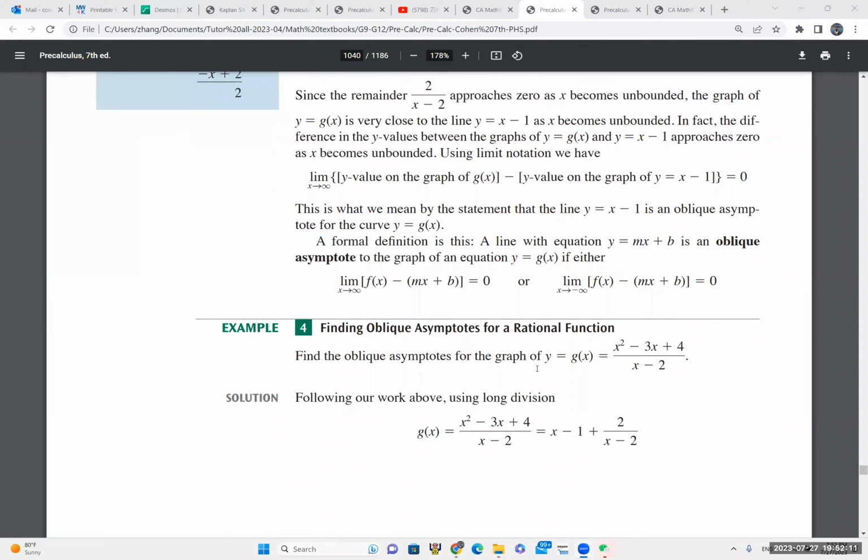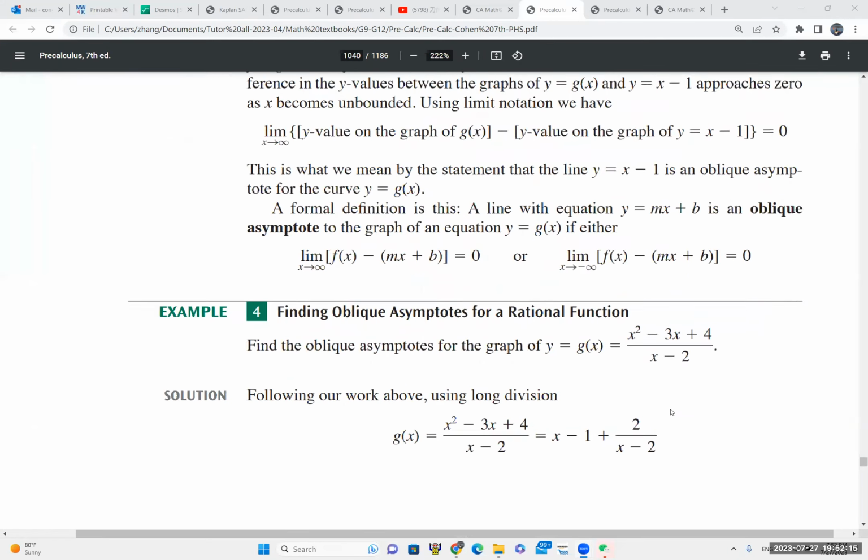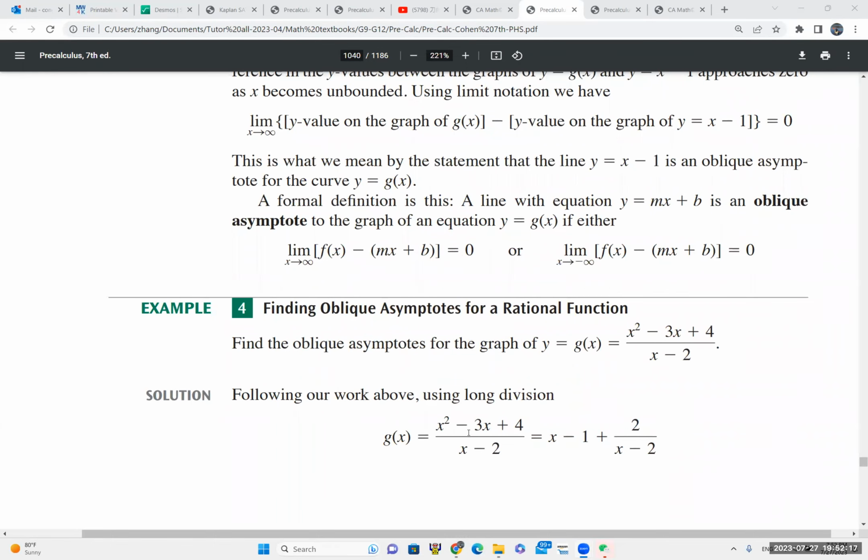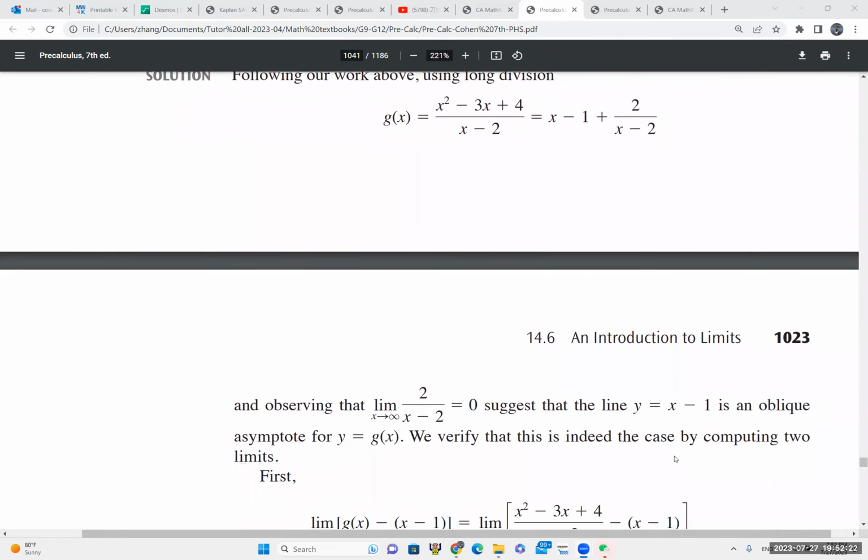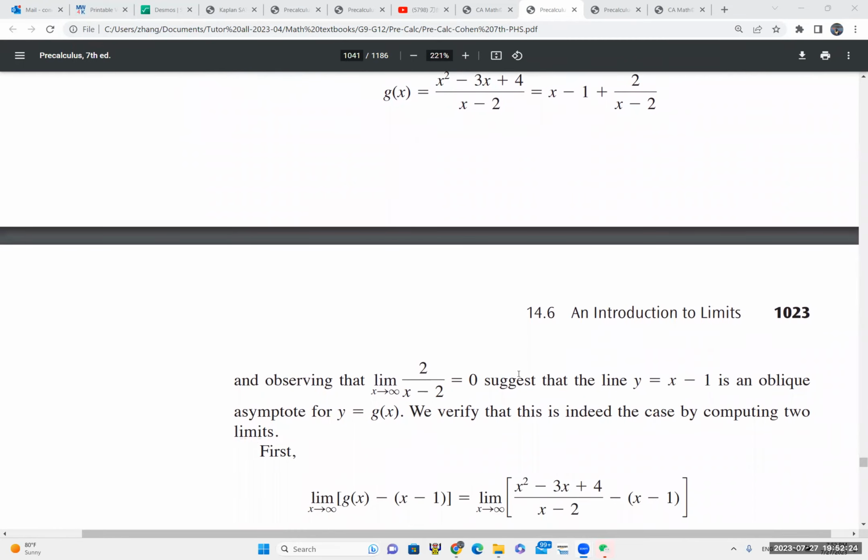Then how to find the oblique asymptote? So do the division first, get this. Then find its limit. The limit of this part is 0. So what does this mean?